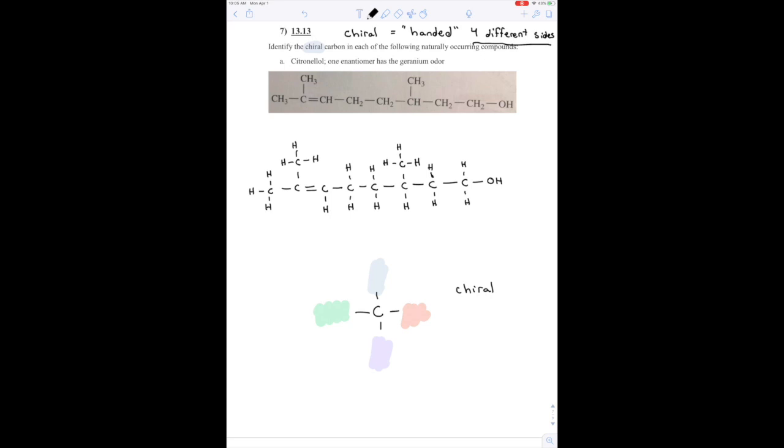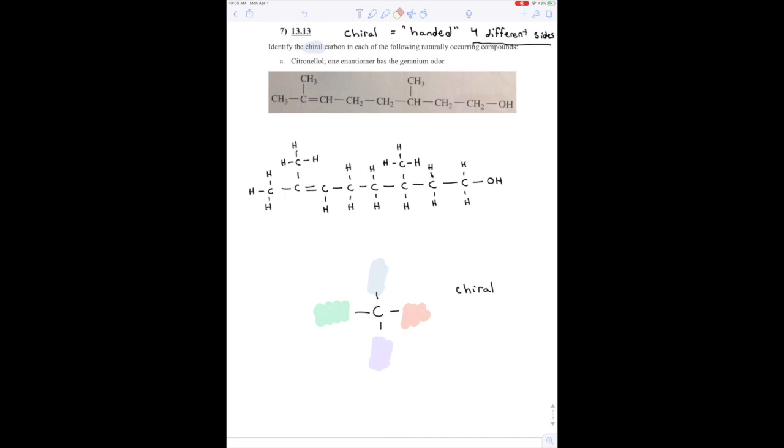So whether these messaging molecules fit into enzyme pockets or not, or fit into pockets on the surfaces of cells or not and communicate messages, depends on whether they're the right hand or the left hand. And so the handedness of molecules, the chirality of molecules, is really, really important.